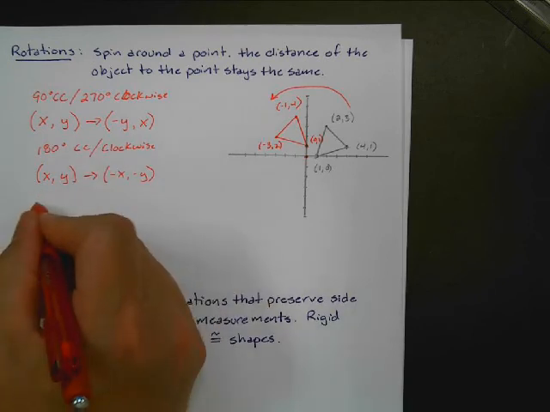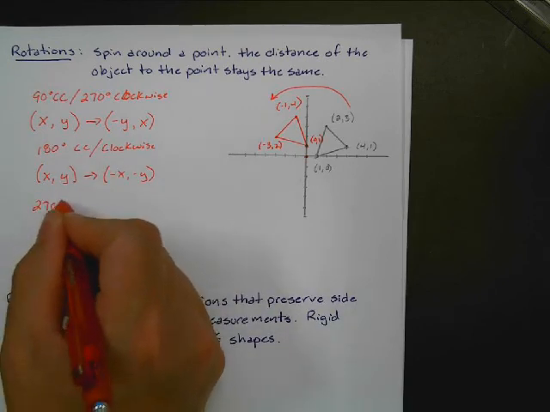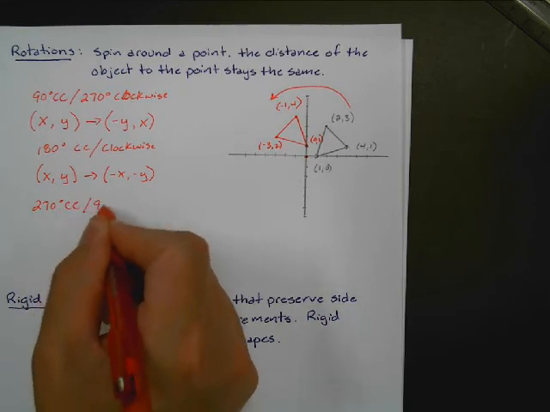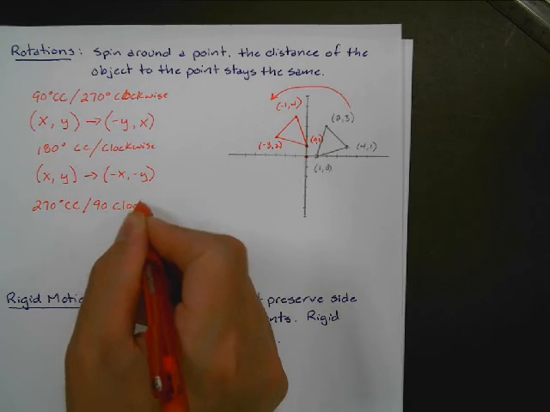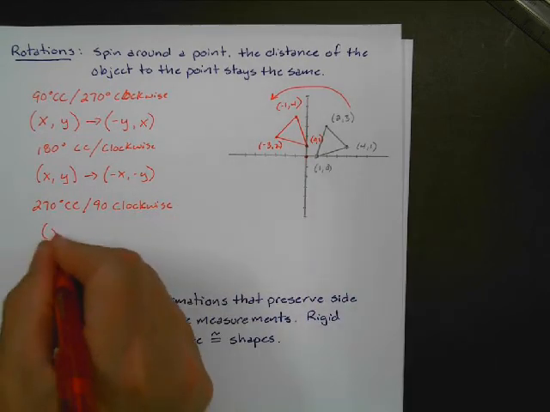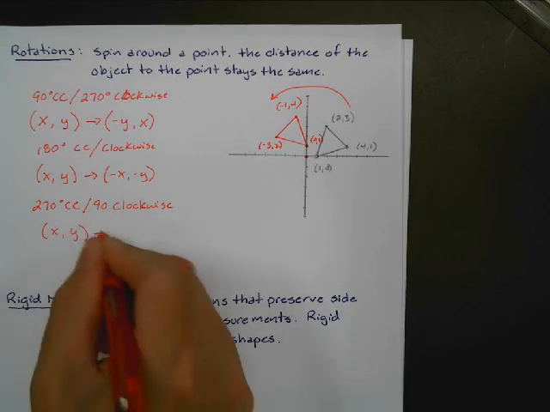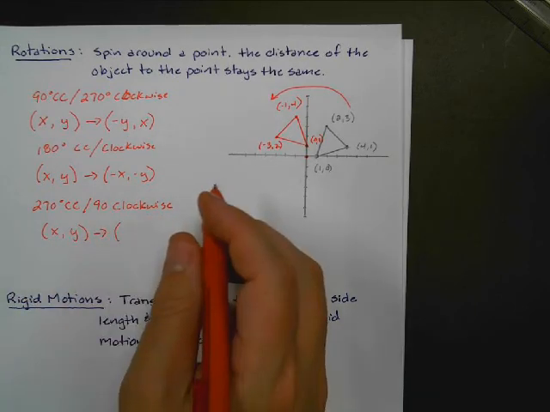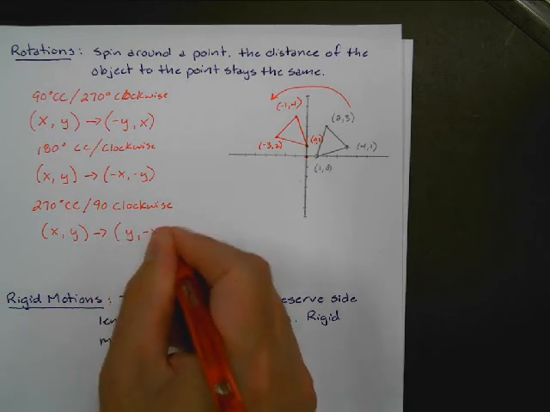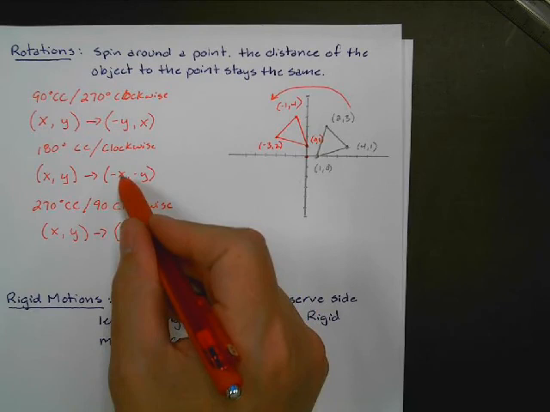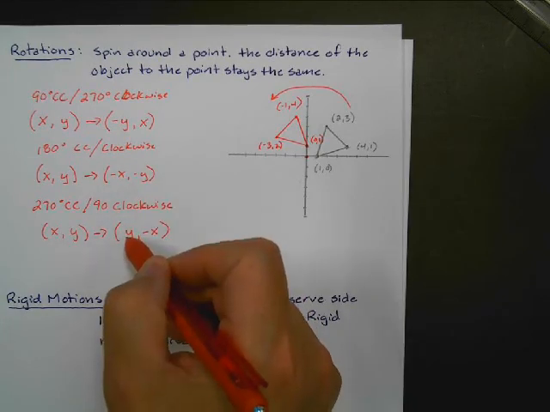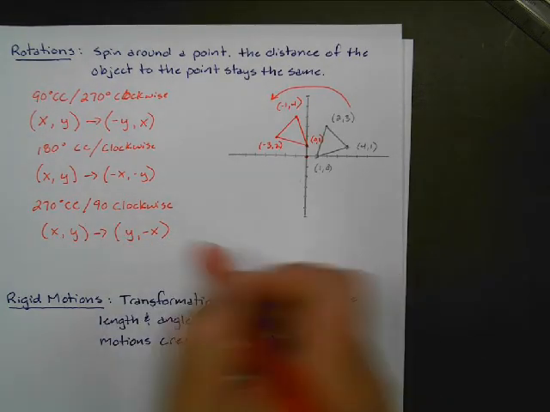And then 270 degrees counterclockwise, or 90 degrees clockwise, that one would be at y, negative x. And it makes sense because look, the x moves to the y spot, the y moves to the x spot but changes its sign. So y, negative x.